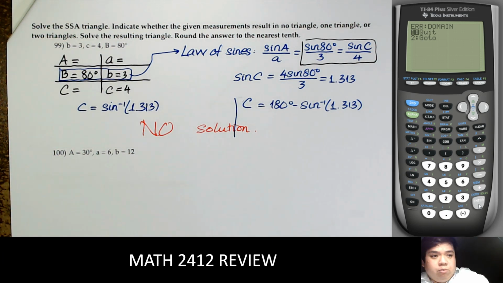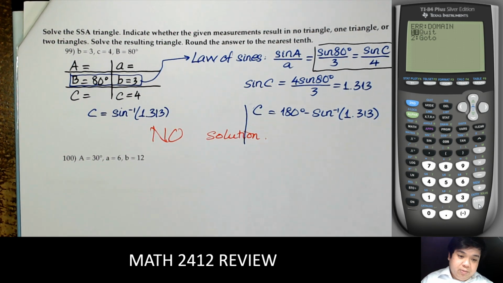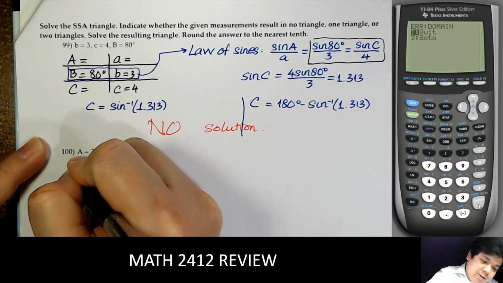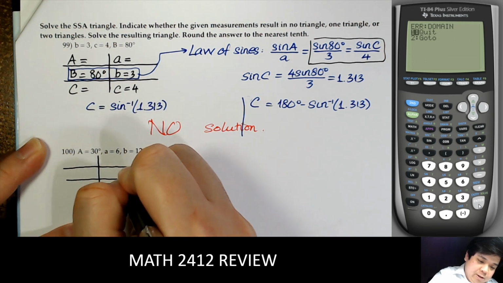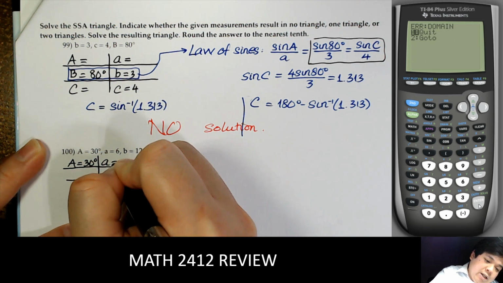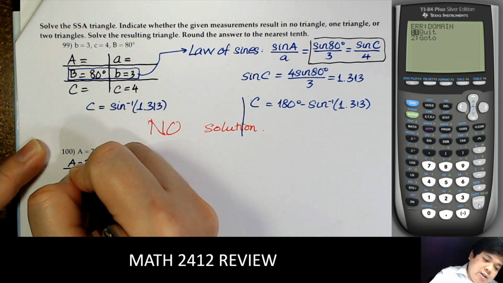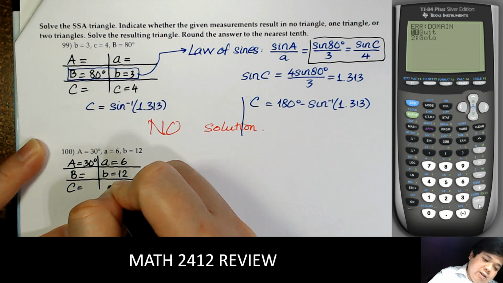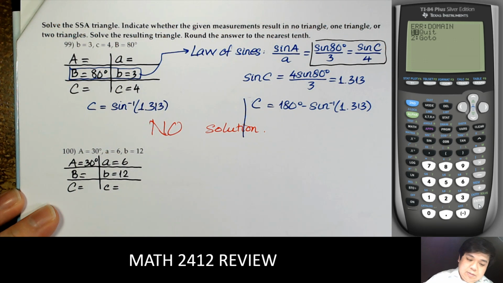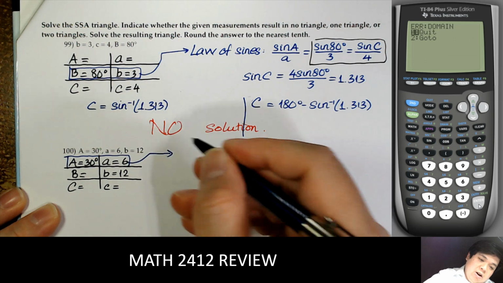Right. Next we should write very small because I'm not sure what we get. Potentially it could be very long. So A is equal to 30 degrees, little a is 6, little b is 12. We don't know anything else. Again, every time we have a pair of opposite side and angle, that is the law of sine.